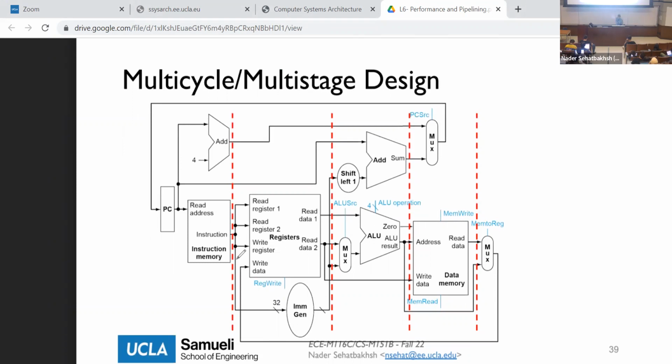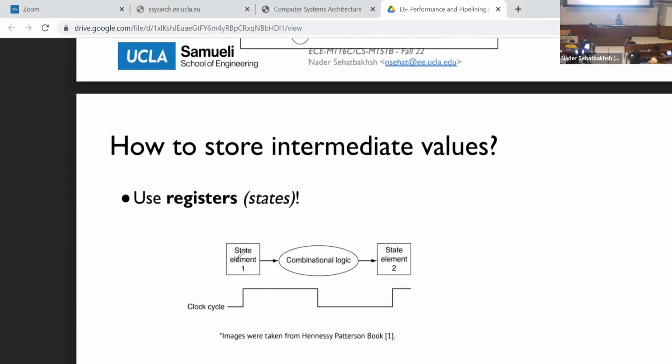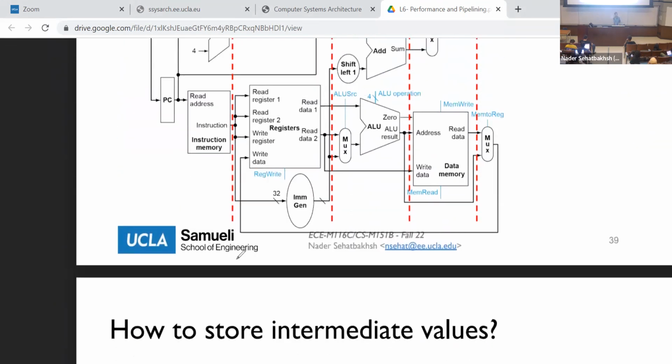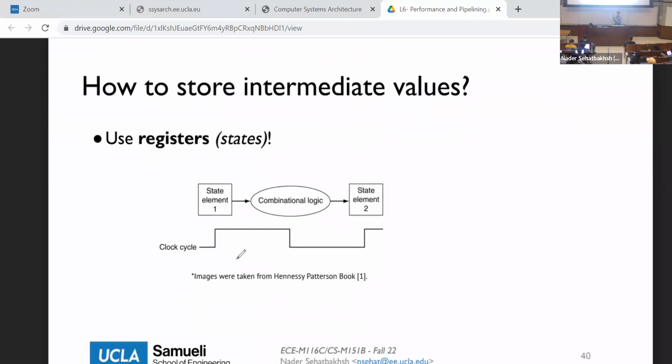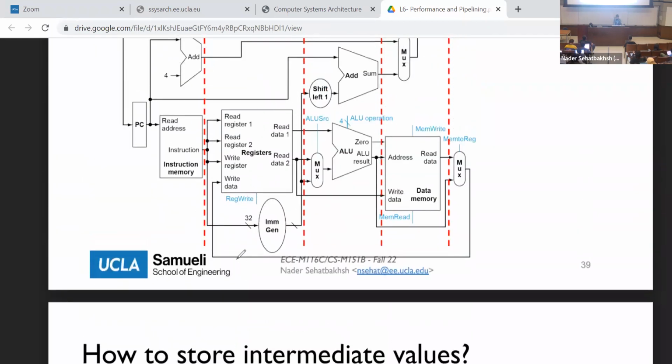Well, these stages are nothing but adding registers, temporary registers, or what we call pipeline registers, into our design. If you recall about registers, what a register does is remember what the combinational logic behind it produced. For example, this is your combinational logic, because there are no register parts involved.